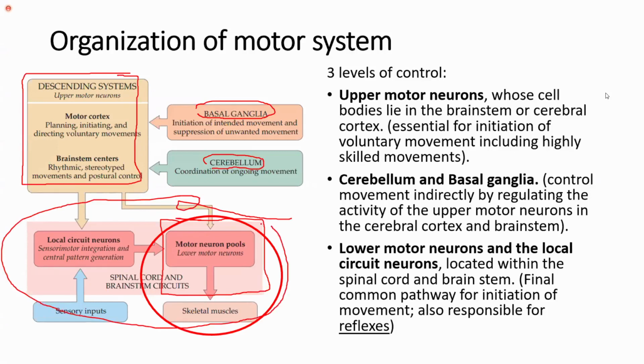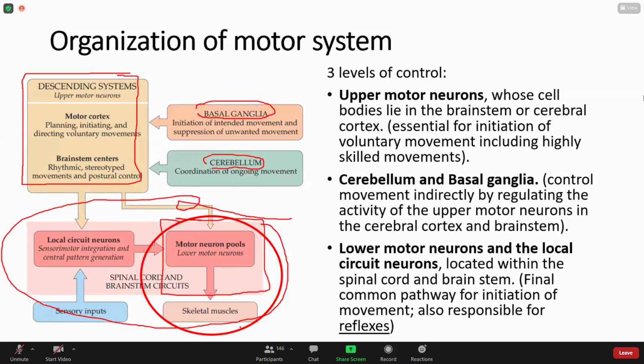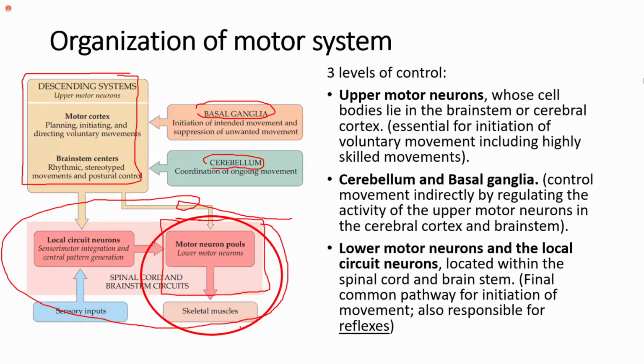There are movements or local circuits which are mainly mediated at this level, so there is no need for upper motor neuron involvement in executing this motor behavior. These are basically reflexes, which is what we will focus on in this topic. Any questions so far? All good?